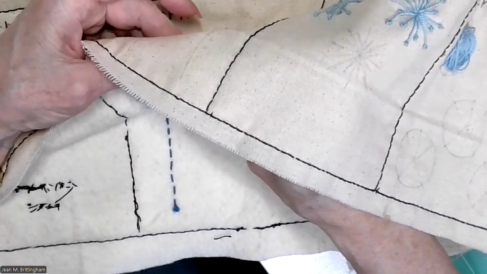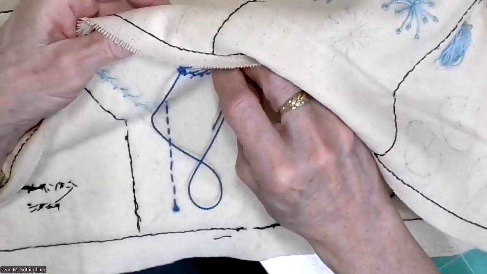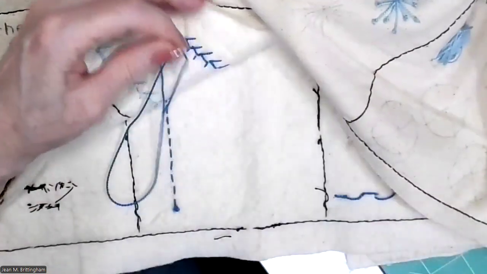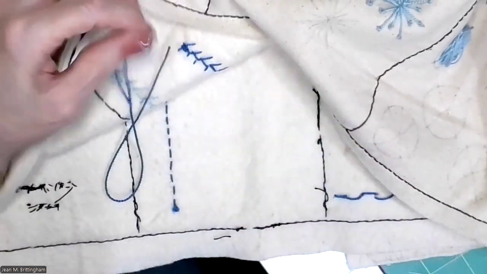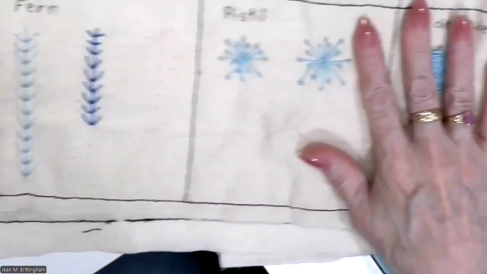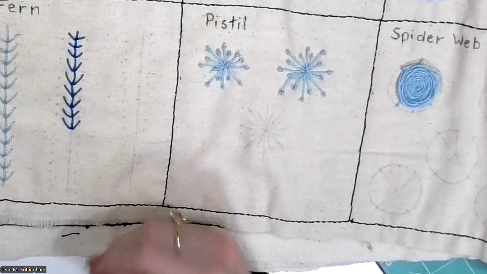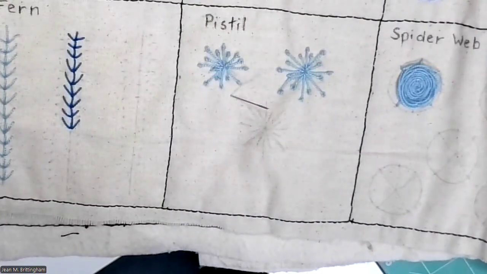And I'm going to have to thread my needle. Don't have enough thread on for our next stitch, which is going to be the pistil stitch. It's just a combination of a straight stitch with a French knot on the end.